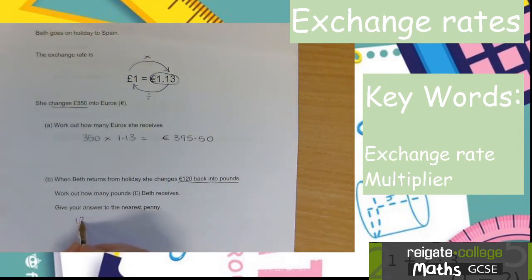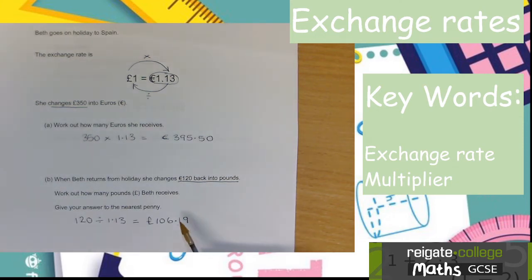So 120 euros divided by the exchange rate of 1.13 gives me a pound rate of 106.19, and I've rounded that to the nearest penny, hence my going to 2 decimal places, £106.19.